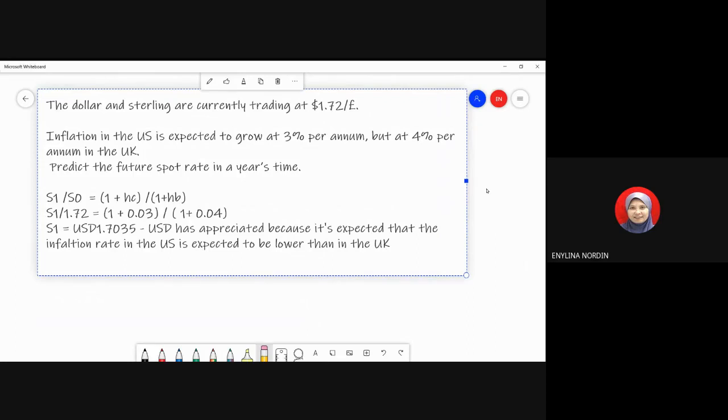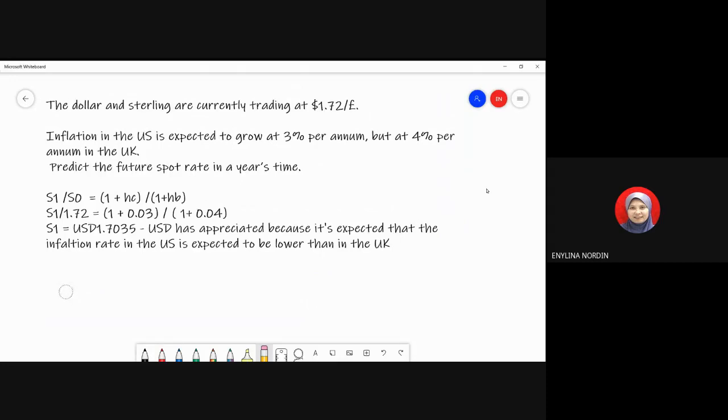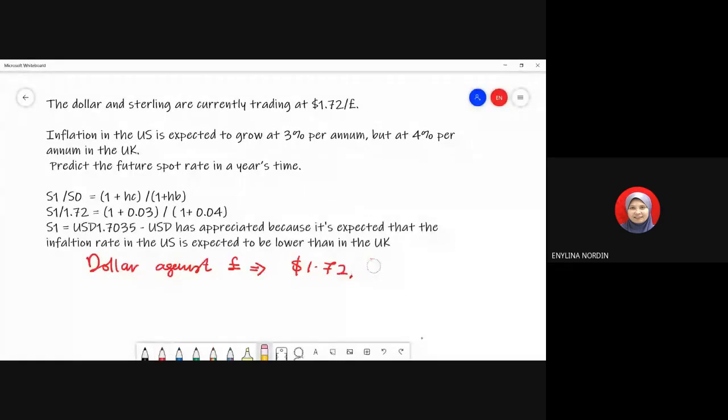So if we start our answer, that means dollar against pound, 1.72 equals 1 pound. This is the current spot rate.